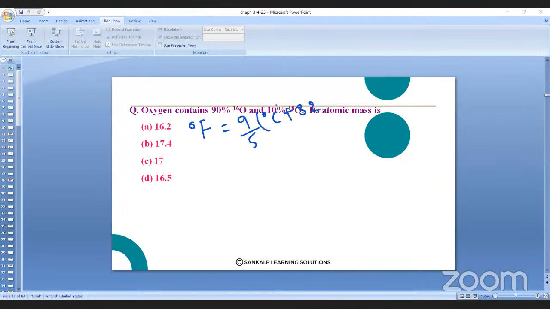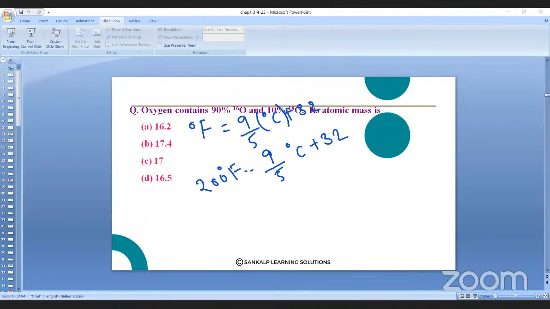Okay, so this is the formula. Fahrenheit is given. You have to find the temperature reading on the Celsius scale. So what is the unknown? Unknown is degrees Celsius.